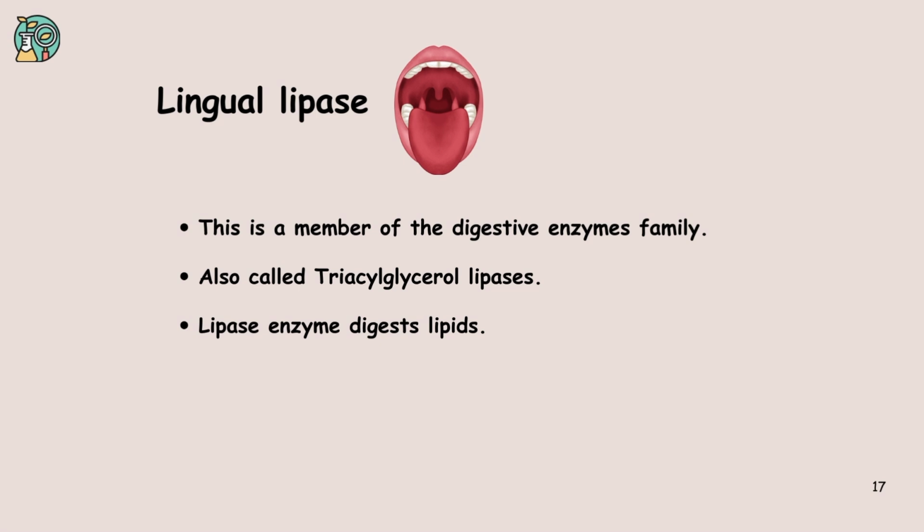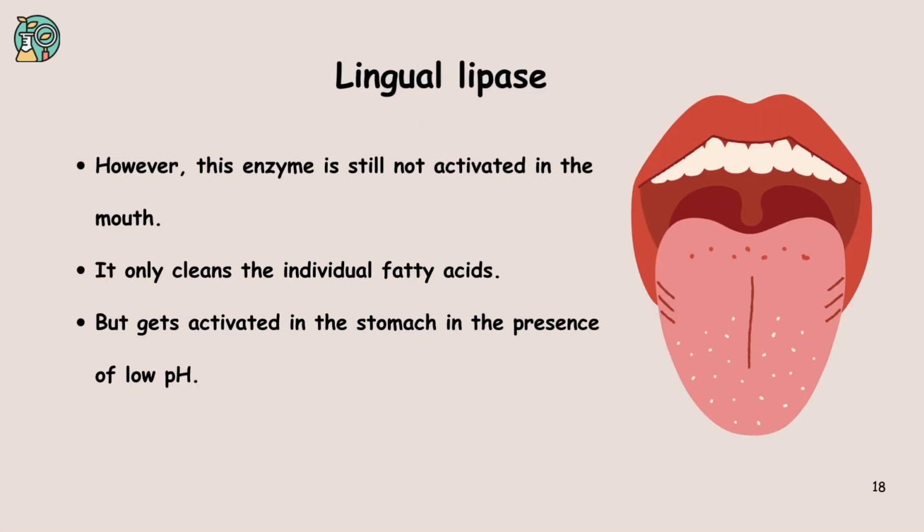It is also known as triacylglycerol lipase. These lipase enzymes digest lipid. However, this enzyme is still not activated in the mouth. It only cleaves the individual fatty acid in the mouth. It gets activated in the stomach in the presence of low pH or in the presence of acidic environment.